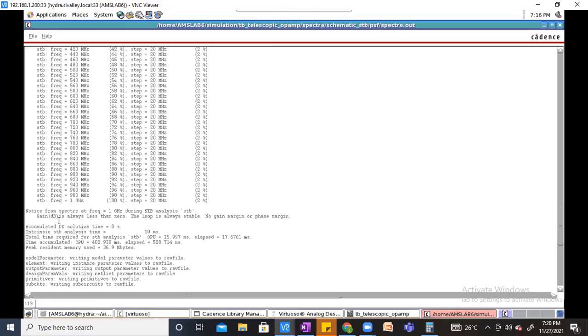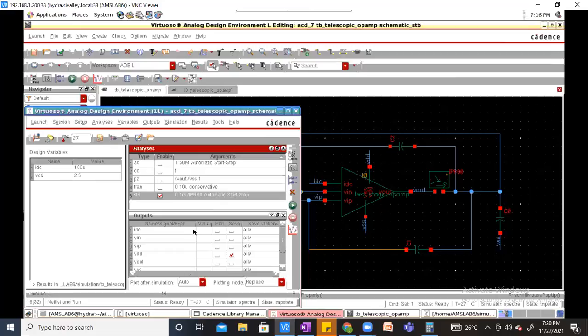What it is telling is the gain in dB is always less than 0 and the loop is always stable. So it gives no gain margin and phase margin. Gain is always less than 0. How is it always less than 0? Oh, it should come with some numbers.